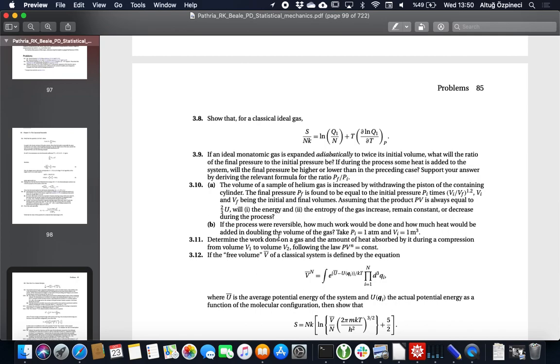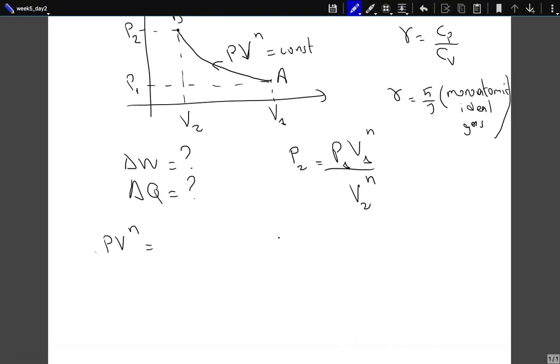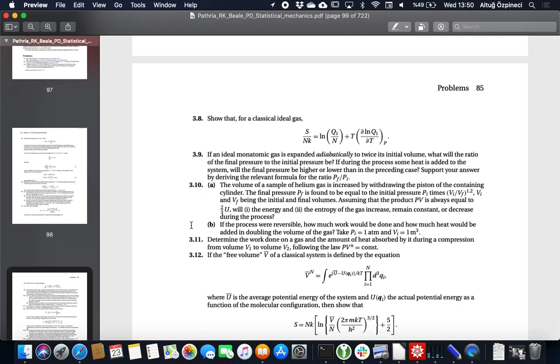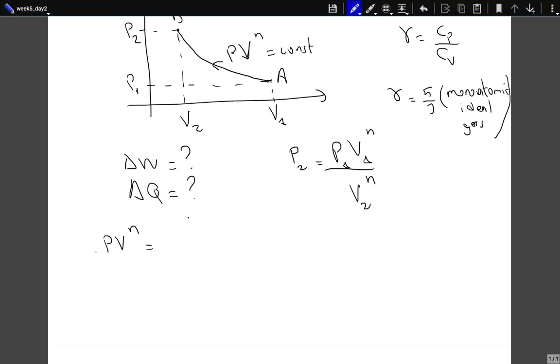Yeah, well, I can determine P1, let's say. This is P1 V1 to the n. So this is the equation of my curve. If you want to obtain P as a function of the volume, P is P1 V1 to the n divided by V to the n. Okay, this is the equation of the curve. Now what?